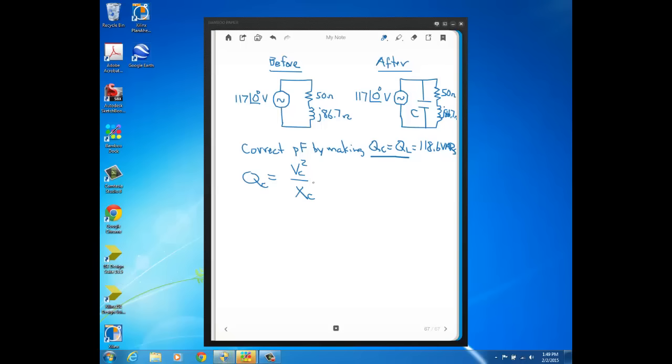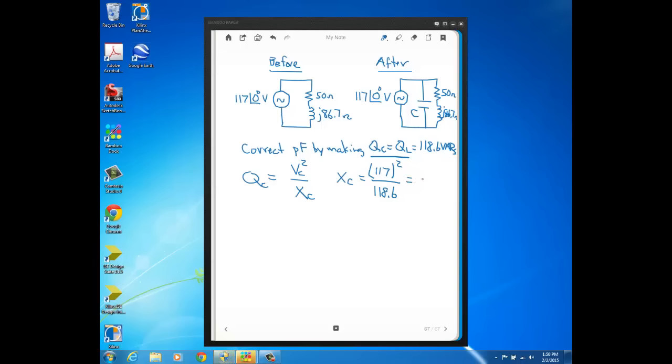And we know that QC is 118.6. Also, since we put the capacitor in parallel, we know the voltage across the capacitor is 117, since voltage is the same in parallel. So we can calculate the reactance XC from just taking 117, the voltage across the capacitor squared, and dividing by the 118.6 VARs.